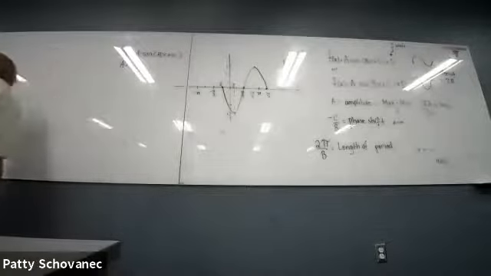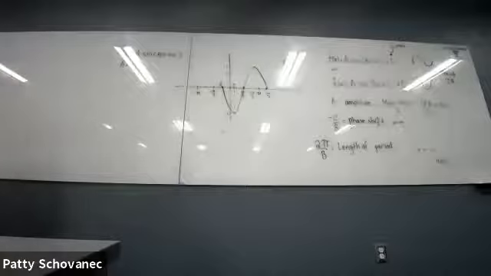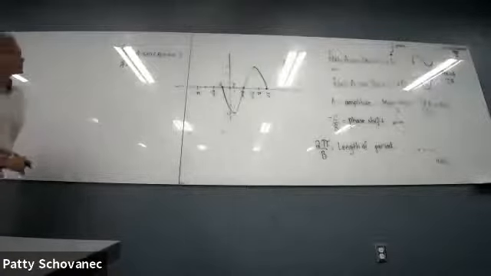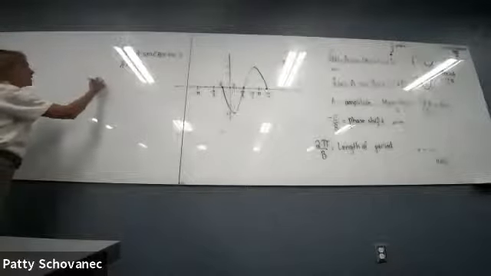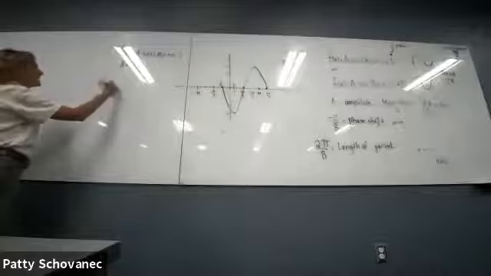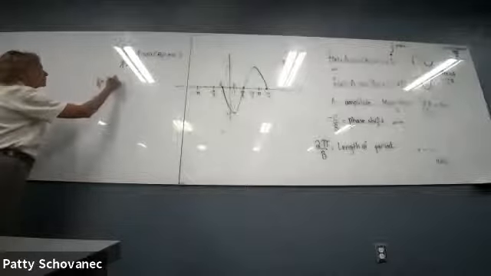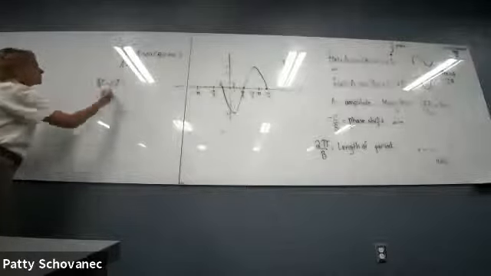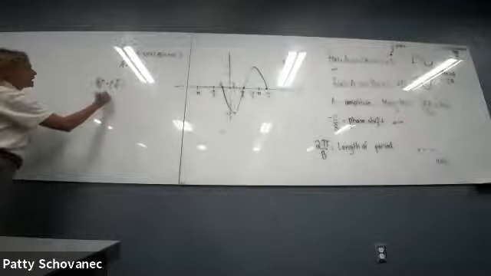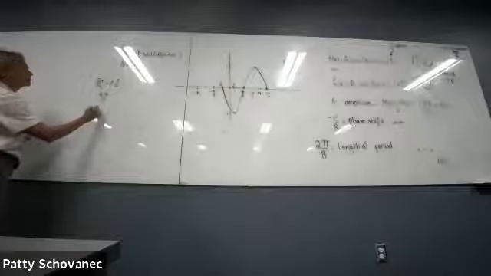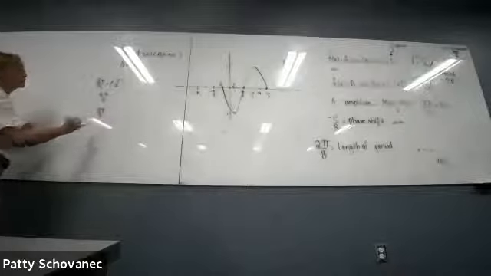Okay, how long is that period right there? I've got it ending at 3 pi over 2. It begins at negative pi over 4 and ends at 5 pi over 4. And so the length of that is 6 pi over 4, which is 3 pi over 2.